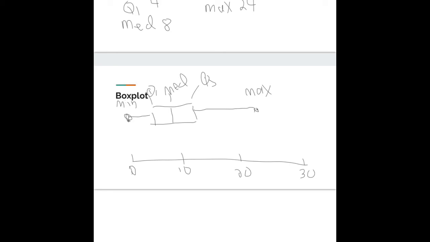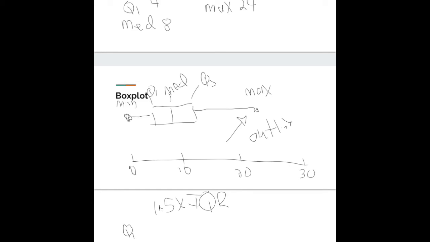The only other thing I need to check for is if this is an outlier, I must show that it's an outlier. How do I know if it's an outlier? I have to use the formula of 1.5 times the IQR. And then I take that number and I subtract it from Q1 and I add it to Q3.